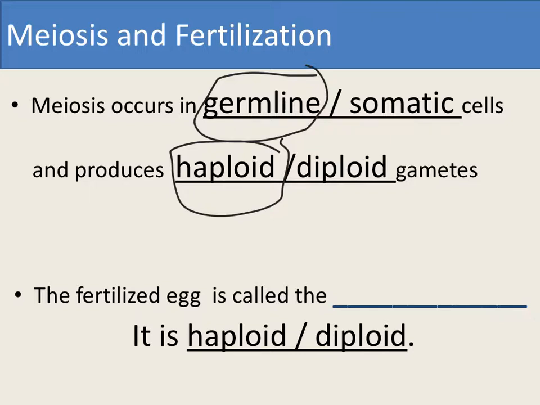The fertilized egg is called, anybody remember? Starts with a Z? Zygote. Okay. And that zygote, is it haploid or diploid? Diploid.